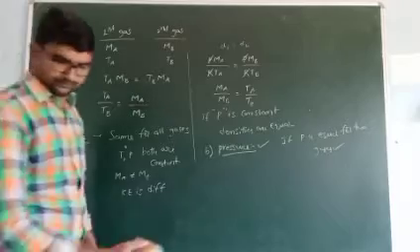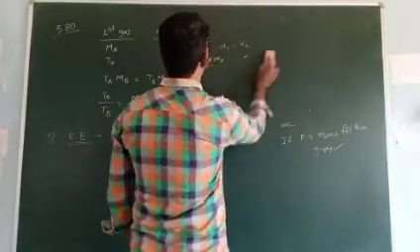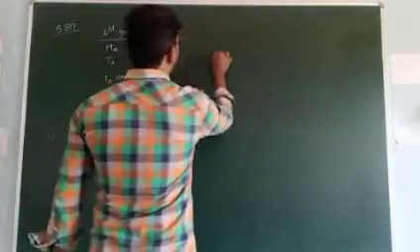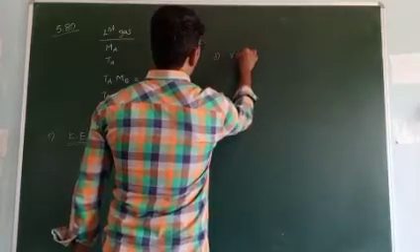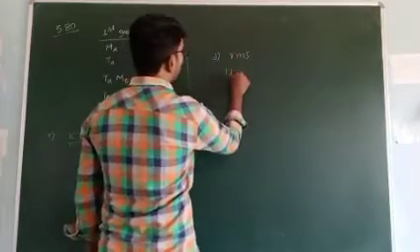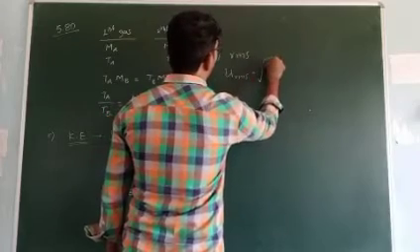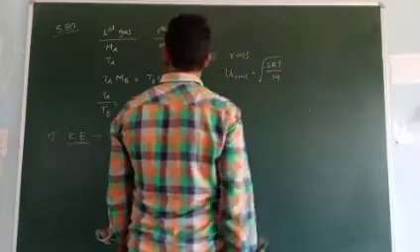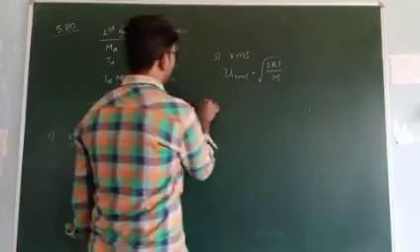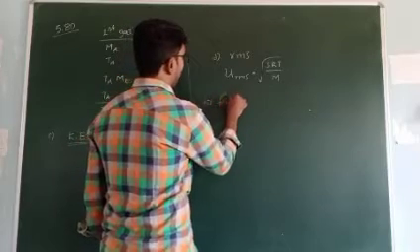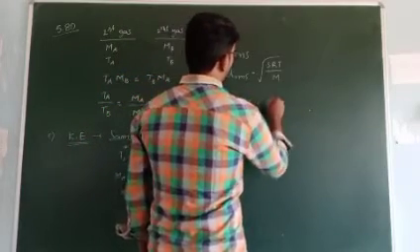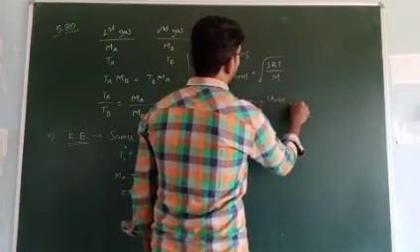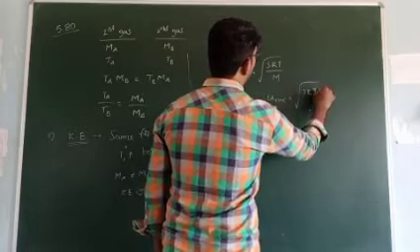RMS velocity, D. What about RMS velocity? What is the formula for RMS? U RMS is equal to root over 3RT by M. Now for the first gas, U RMS is equal to root over 3RTa by Ma.